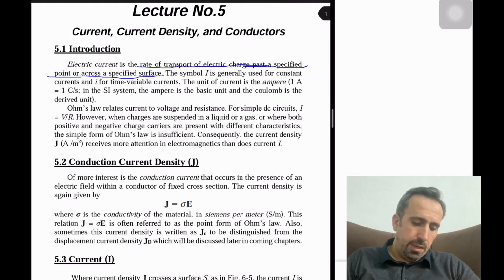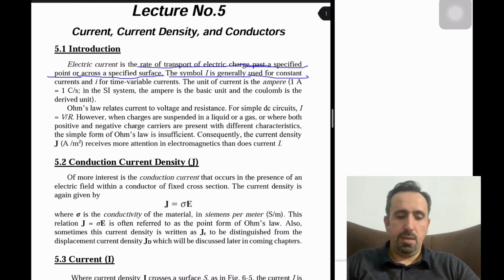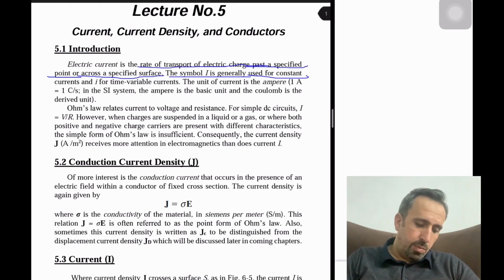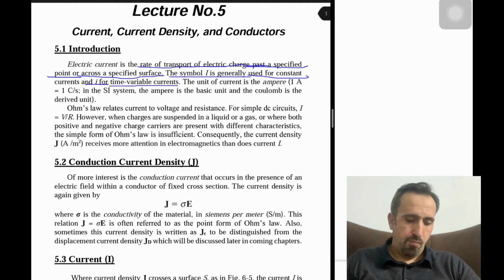The symbol I is generally used for constant currents, meaning the capital I letter, and small i letter for time variable currents. Its unit is amperes, or coulomb per second.